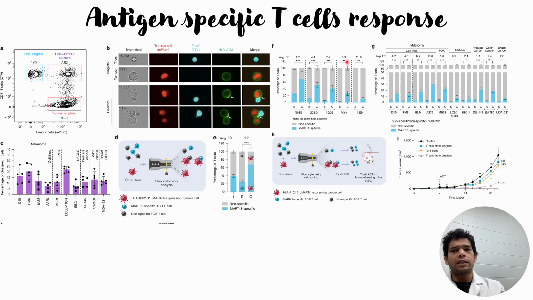And when they did their studies in the reverse order, that is, this time they keep the specific T cells higher and non-specific T cells lower, in that case also they see similar things: the cluster formations of these specific T cells and the tumor cells increased in almost all the cases. In this case they used 95% of the specific cells and 5% of the non-specific, and they used it in different cancer cells.